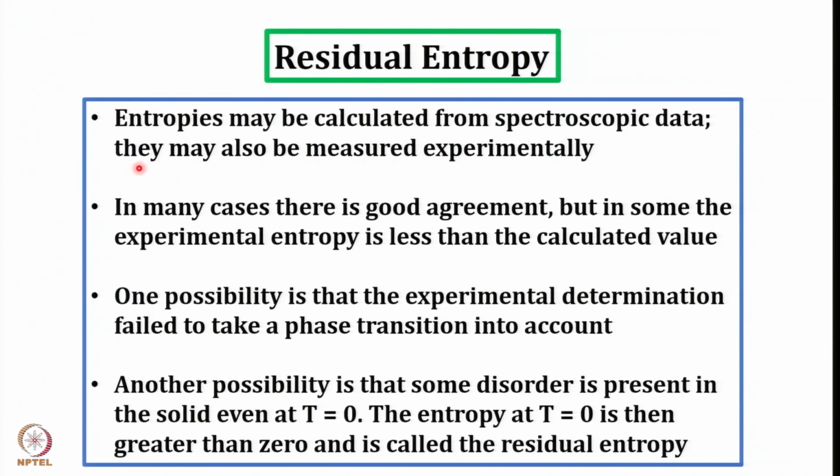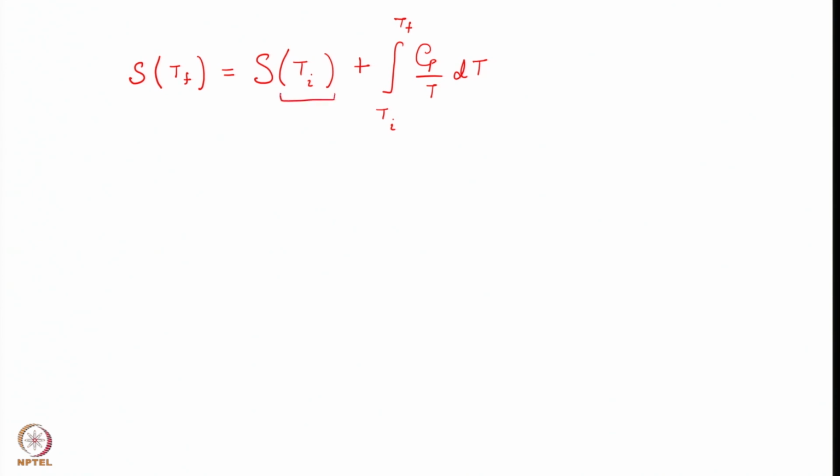When I say they may be measured experimentally, what I mean is, we know this expression: S at a final temperature is equal to S at initial temperature plus the integration from Ti to Tf of Cp by T dT. According to this expression, if I set the initial temperature to be 0, then I am talking about S0.